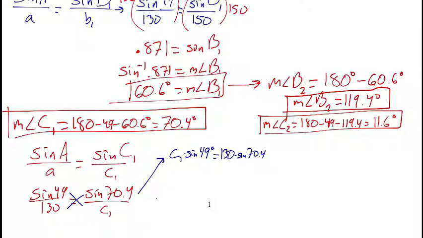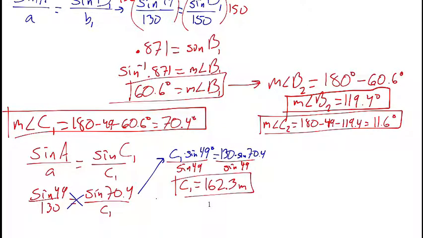To get C1 all by itself, we got to divide both sides by the sine of 49. So that'll end up leaving us with just C1 all by itself, and at that point we just plug that into a calculator. We end up with 162.3, and we're using meters here. So that one will have a side length of 162.3 meters.